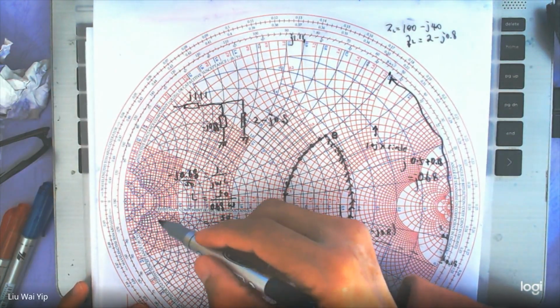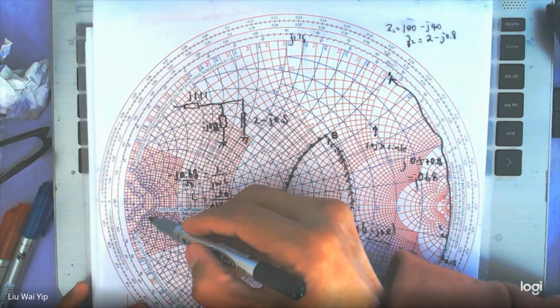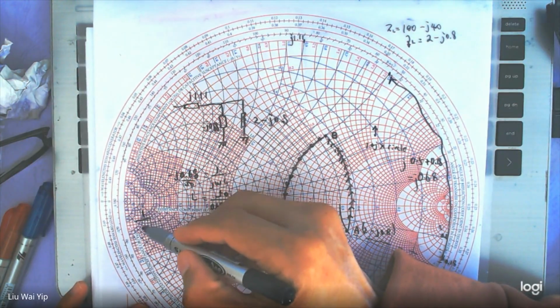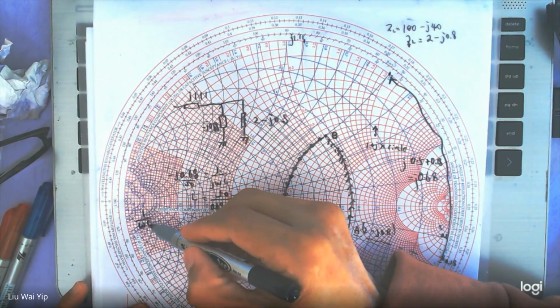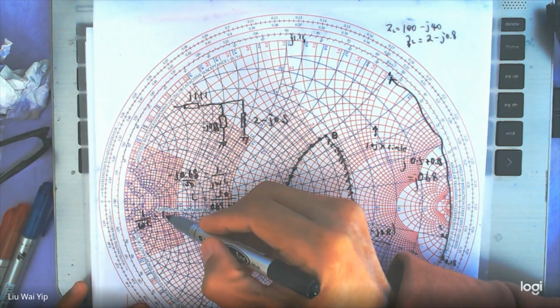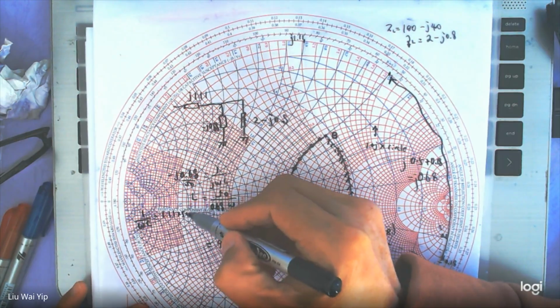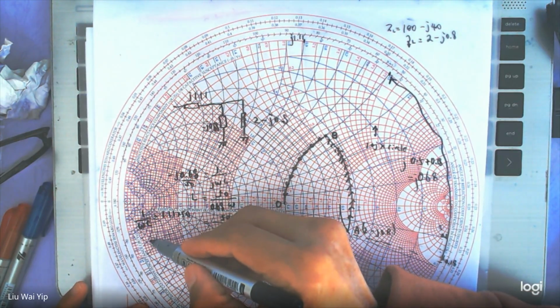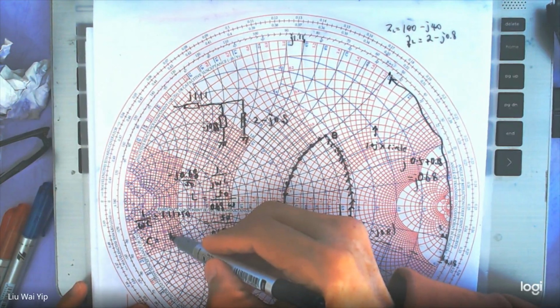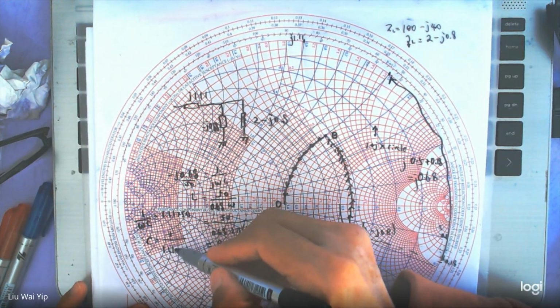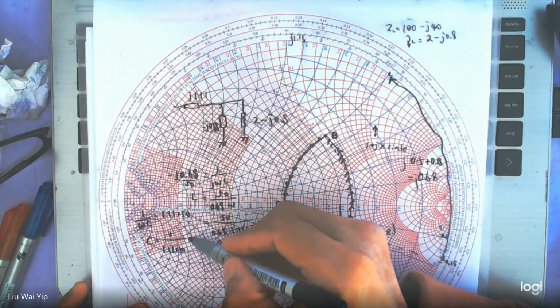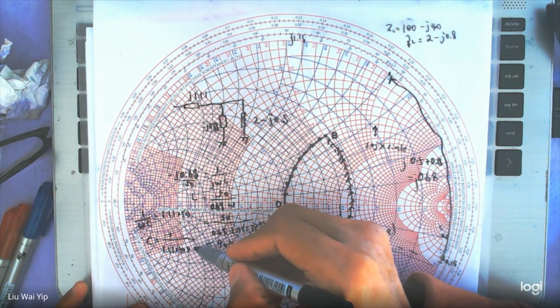I will just do it by hand calculation here. So 1 minus omega c is equal to 1.11 times 50. And from here, c is equal to 1.11 times 50 times omega.